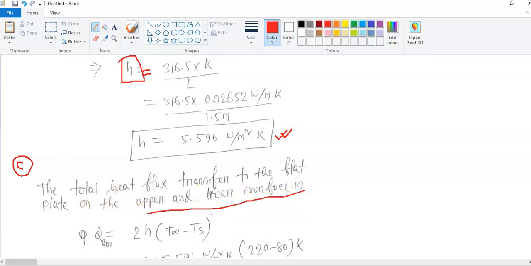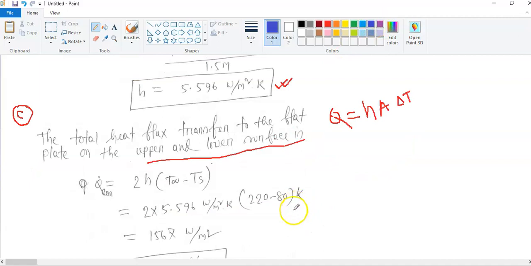Alright. The convection heat transfer is happening here, and from convection heat transfer we know the rate of heat transfer equals the convection heat transfer coefficient, the surface area, and delta T. We know this from the formula. But you can see guys here what I did, I wrote 2 h delta T. Delta T is the temperature difference from high temperature to low temperature.